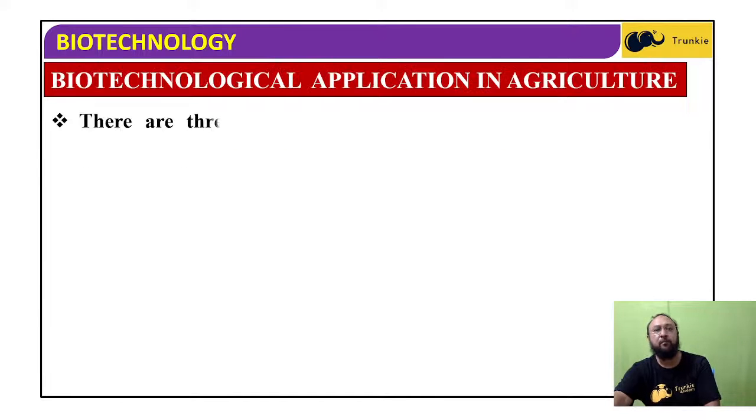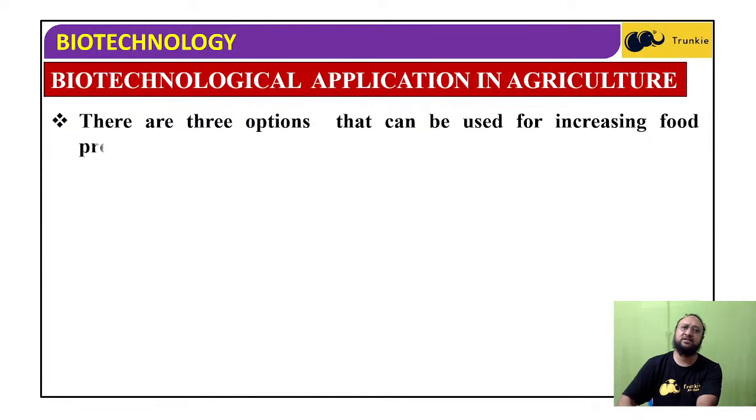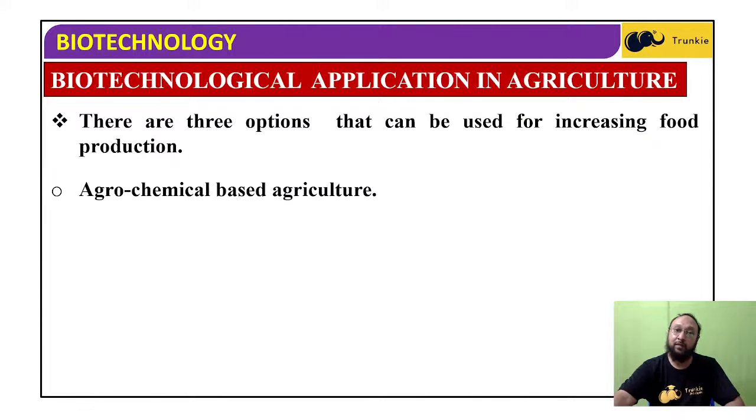Biotechnology applications in agriculture: there are three options that can be used for increasing food production. First, agrochemical based agriculture. Agrochemical means a kind of chemical used to increase production in agriculture.